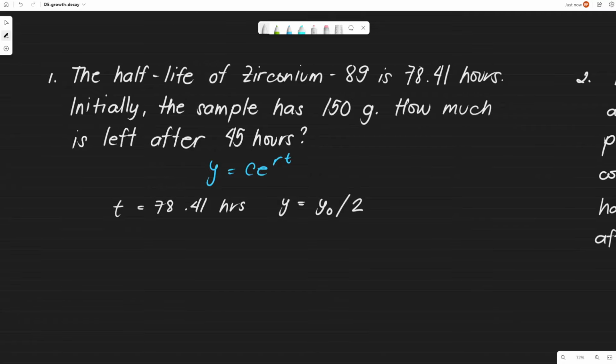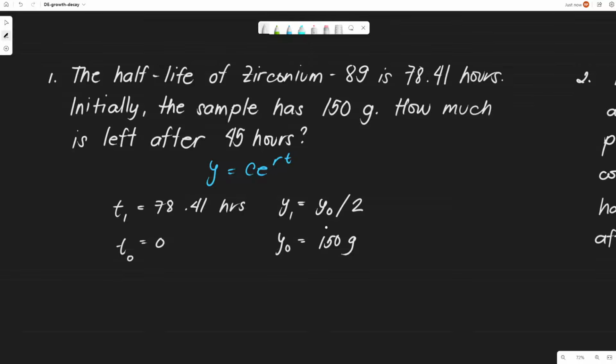Initially, y sub 0, the sample has 150 grams. So we need to take this into account. When it is initially, what is our time? Automatically, that is 0. So t0 is equal to 0. This one we can label t1, or y sub 1.